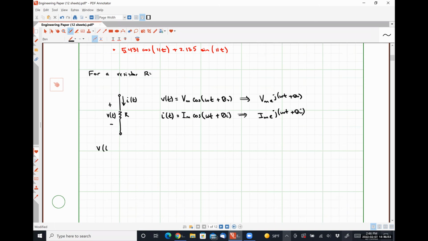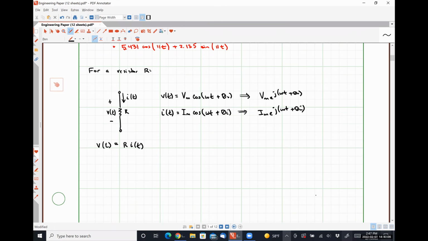So, if we substitute in our mixed domain representation of our sinusoidal signals, this would look like Vm e to the j omega t plus theta v is equal to R multiplied by Im e to the j omega t plus theta I. Done nothing but simple substitution.